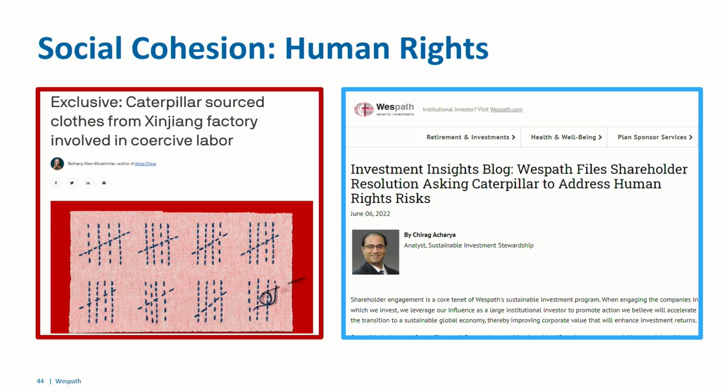I think some of us are aware of Caterpillar's activity in some areas where there's a higher level of conflict, such as Israel, or their involvement with equipment in Ukraine, or as it's highlighted here on this slide, they're sourcing clothes from a factory in China that's used coercive labor.